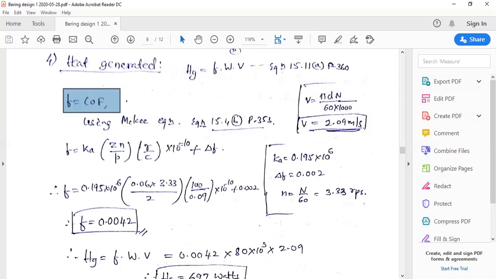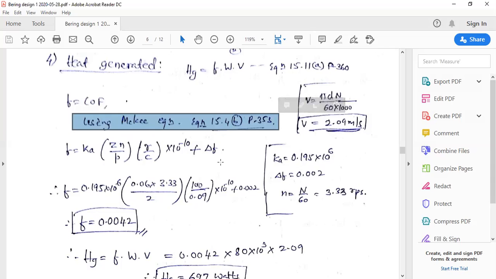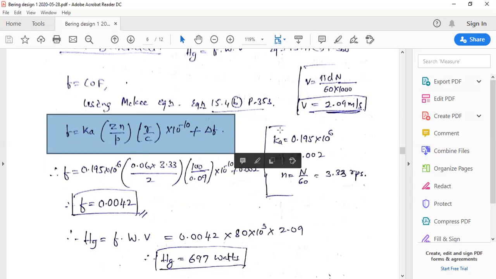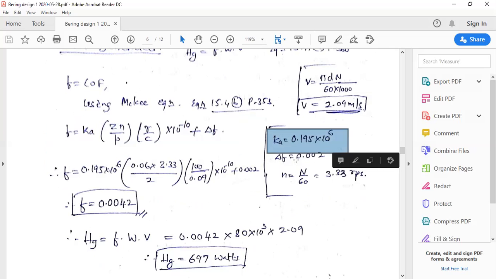Since nothing is specified about the bearing being lightly loaded or Petroff's theory, we use McKee's equation, available on page number 353 of the data handbook, equation number 15.4b. The equation is f equals Ka into Zn by P into R by C into 10 raised to minus 10, plus delta f, where Ka is 0.195 into 10 raised to 6 for a full bearing, and delta f is 0.002.